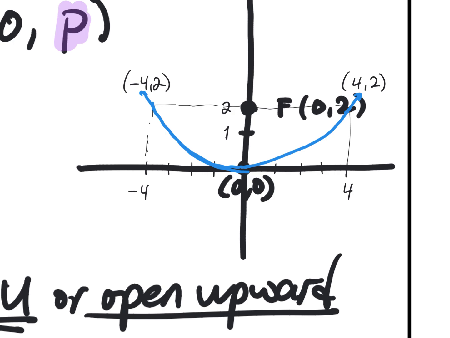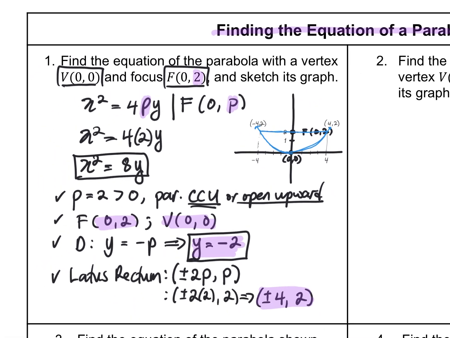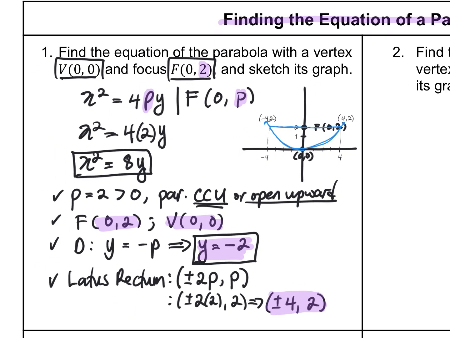Now take note here, because the latus rectum is going to tell you how wide your parabola is. This is a little bit more information that you're going to understand when you're graphing your parabola in your practices. So we have done the first one with additional information.